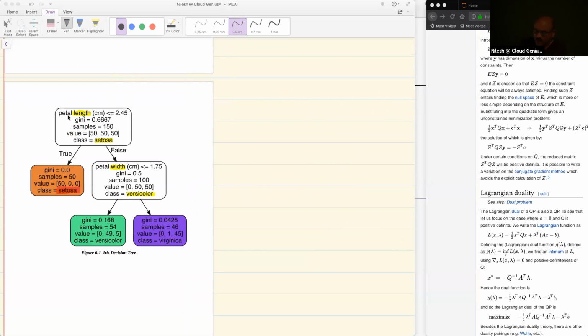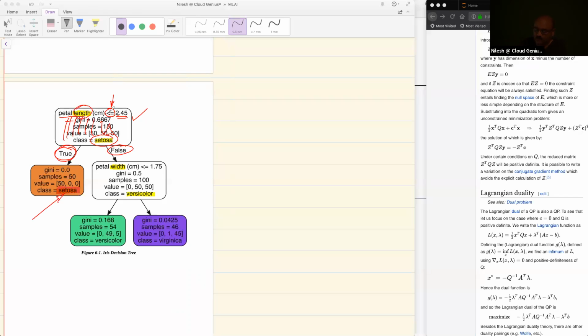You have a decision to be made at this point: petal length less than or equal to 2.45. Let's skip the Gini and other things; we'll discuss these later. Now, class setosa, true or not? If it is less than 2.45, meaning the length of the petal is really small, we already know from the data set that it is a pure setosa flower.